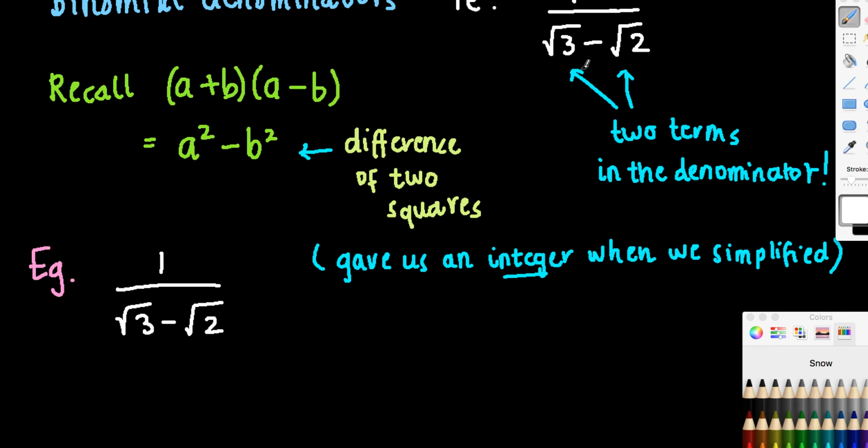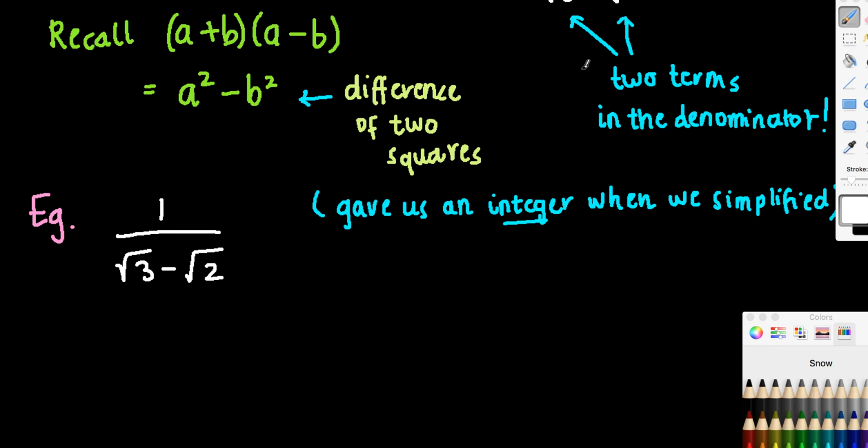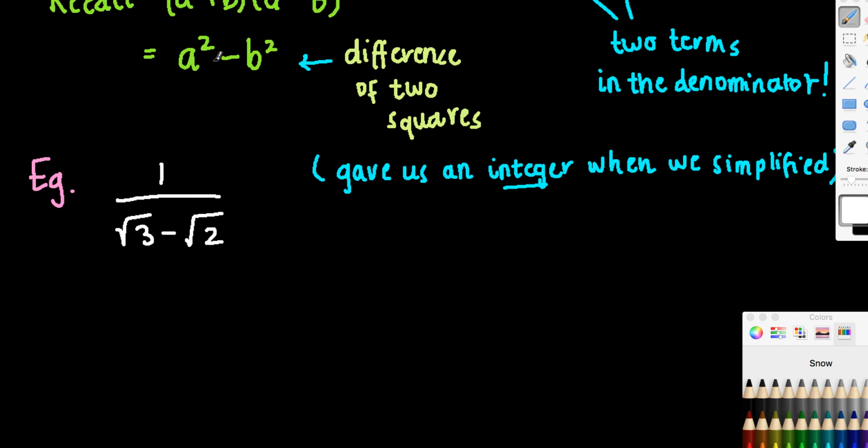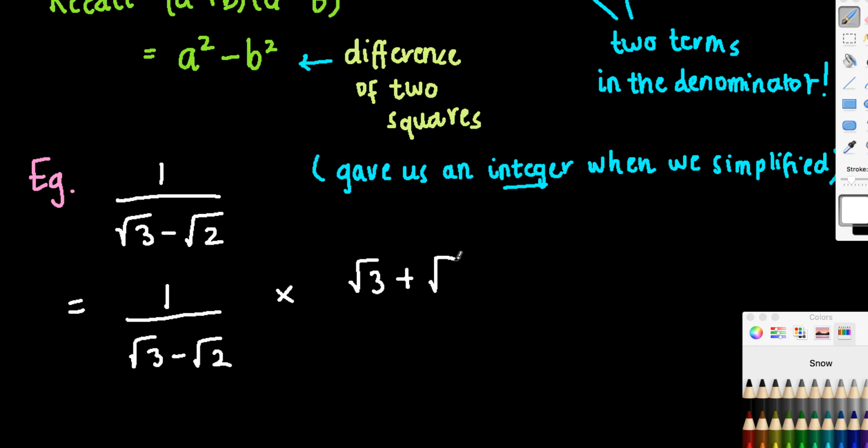So I'll do one that's really, really basic to start off with so you can see what's going to happen here. Now recall the difference of two squares, because what I'm going to do here, see how I've got here root 3 minus root 2? I'm actually going to multiply top and bottom by root 3 plus root 2.